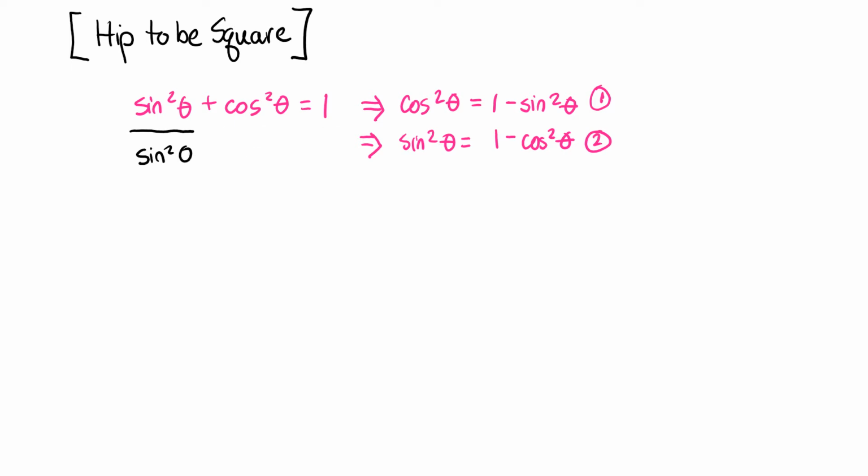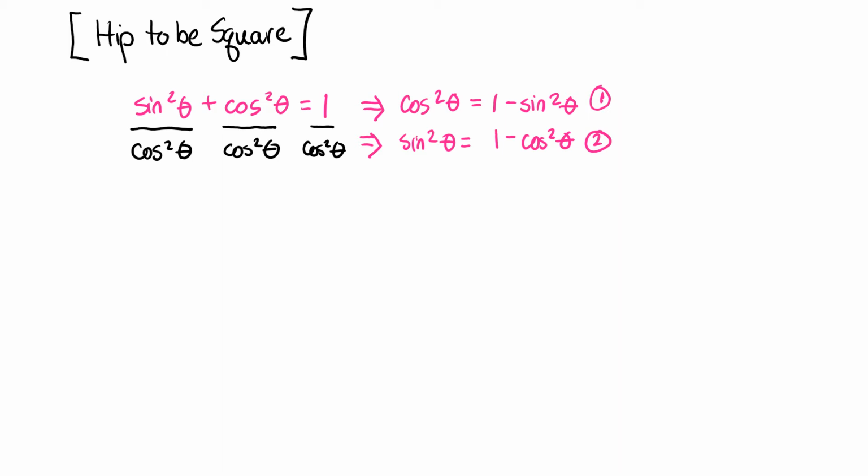Another way we can do it is, instead of dividing through by sine, we can divide through by cosine. Remember we have to divide both sides of the equation by cosine squared, and we get sine squared over cosine squared, and remember, sine over cosine is tangent.